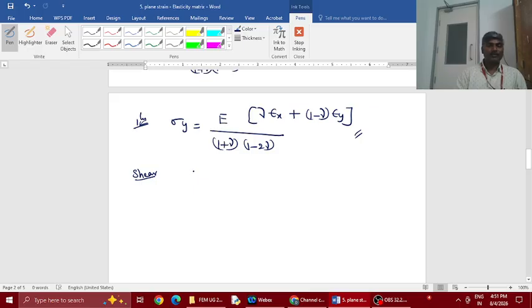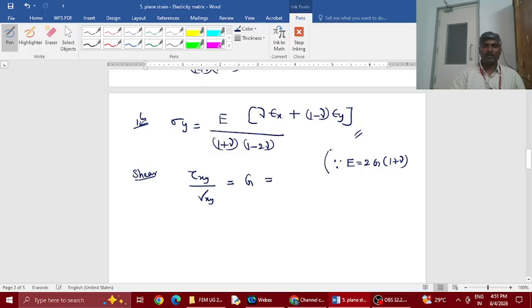So we have the shear stress by shear strain is equal to G. Okay, shear modulus. And from the relation between Young's modulus and shear modulus, okay, I can write, so E is equal to 2G into 1 plus nu. This is our relation between the two moduli.